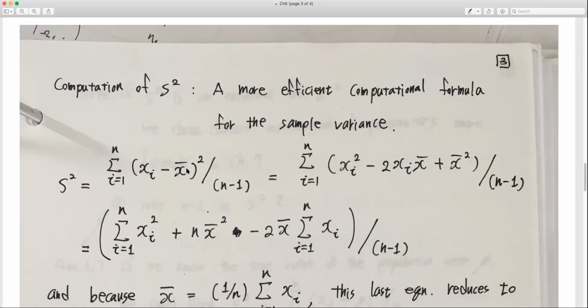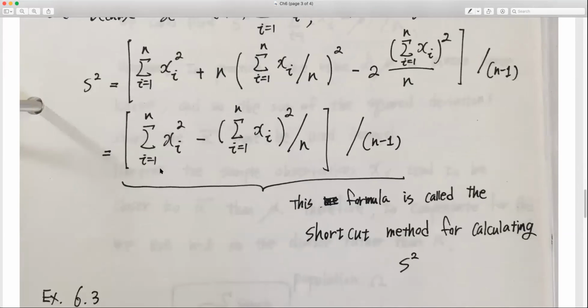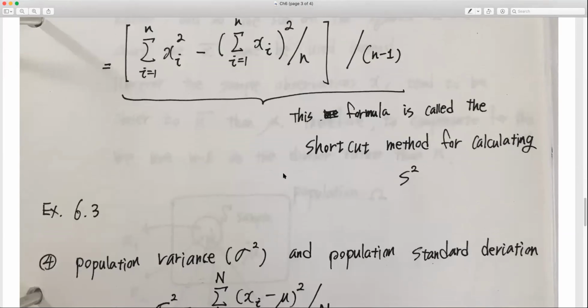So to use this formula to figure out the sample variance, we need to figure out x bar first, right? But in the shortcut method, x bar is not involved. So we don't have to figure out x bar first to figure out the sample variance. That's why this is the shortcut method for calculating sample variance, okay?